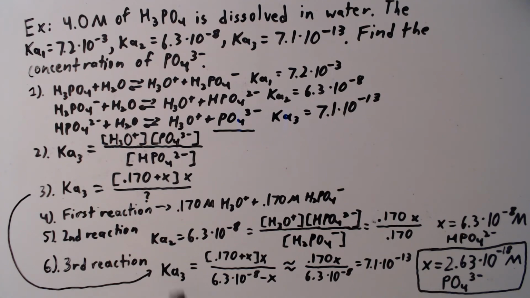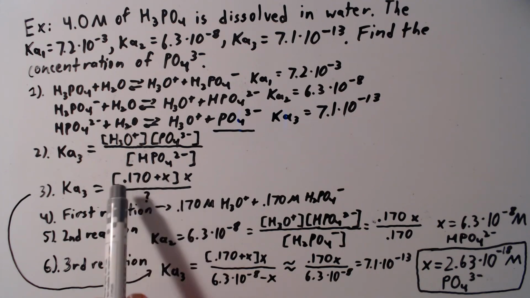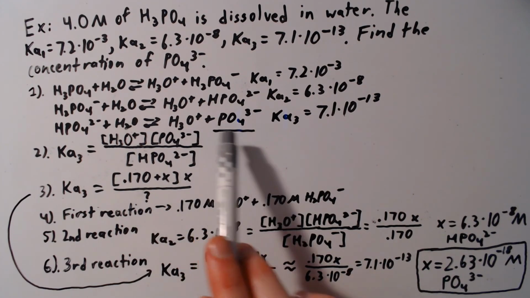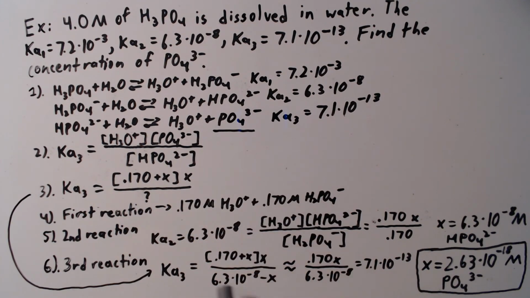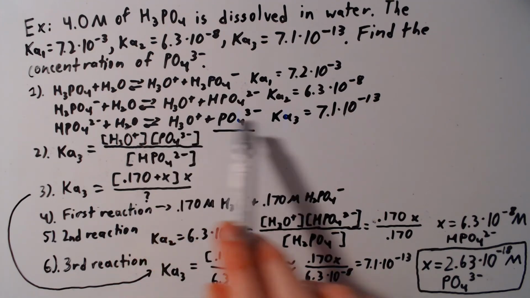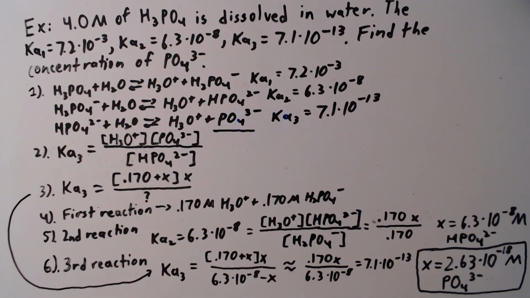So the Ka3 equals the 0.170 plus x on the top, this H3O plus whatever was newly added by this reaction, times x, which was the concentration of PO4, over this concentration of HPO4, because HPO4 is a reactant. So it's 6.3 times 10 to the negative 8th minus x, whatever portion of it dissociated. And for every x of that HPO4 that's dissociated, we get an x of this and an x of this. So plus x and x.